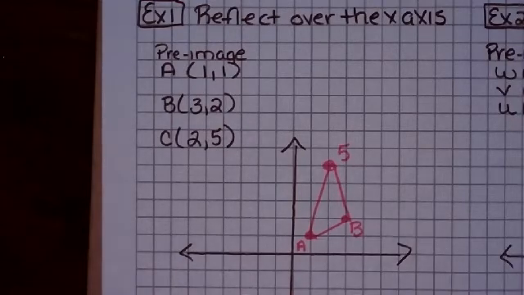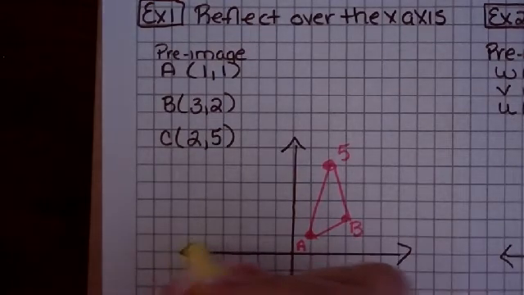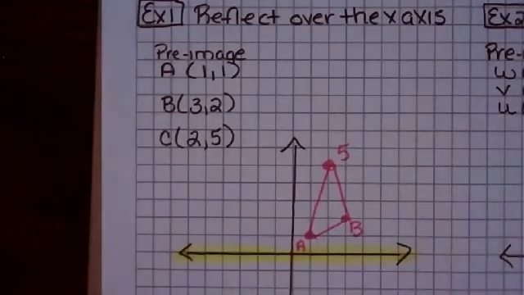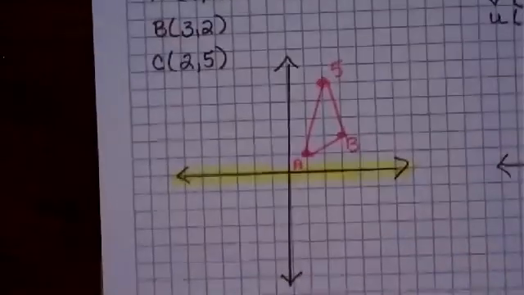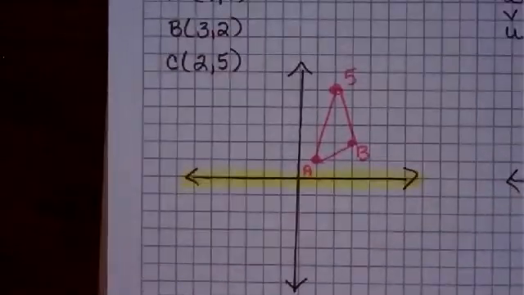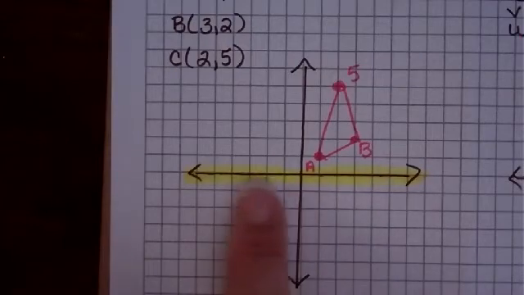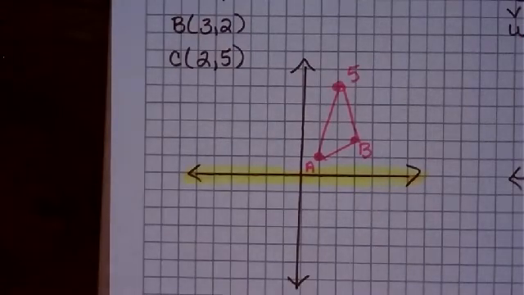Now that you've got that graphed, let's talk about what it means to reflect over the x-axis. I'm going to take a highlighter and highlight my x-axis right here. I'm going to slide this graph up a little bit so we can see it better. When I flip or reflect this triangle, I'm going to use this highlighted x-axis as the line of symmetry.